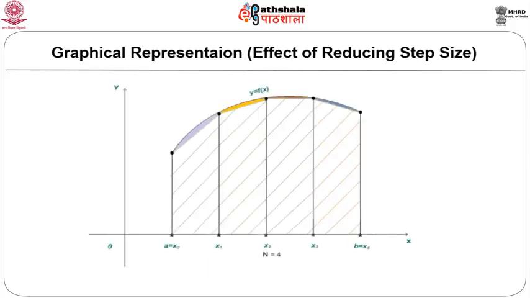One more figure has been drawn when the number of subintervals has become 4; again the strips are getting further smaller and we can see that the error is reducing step by step. So this very clearly shows that by applying the trapezoidal rule in composite form we are able to reduce h, and that is why, theoretically and graphically, the error in the trapezoidal rule will decrease.